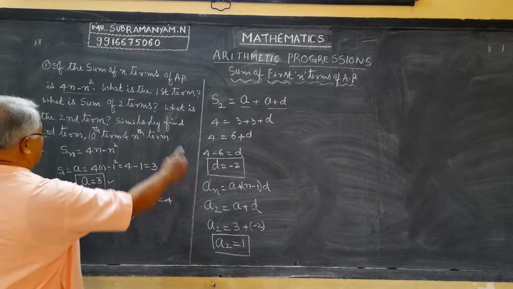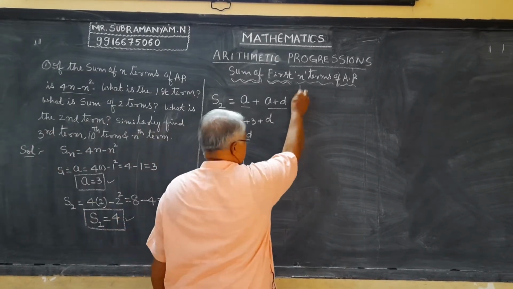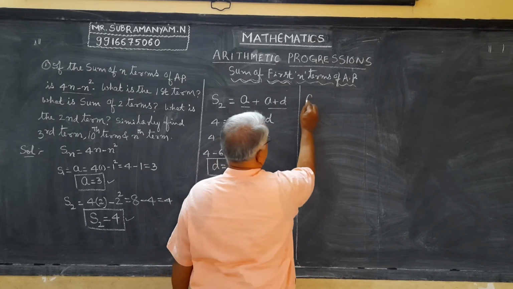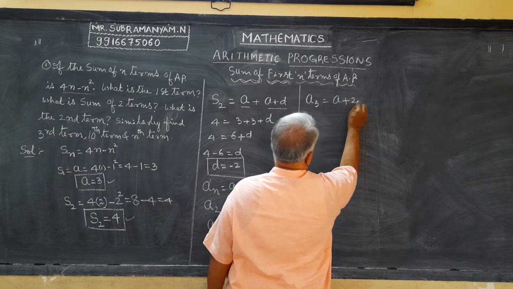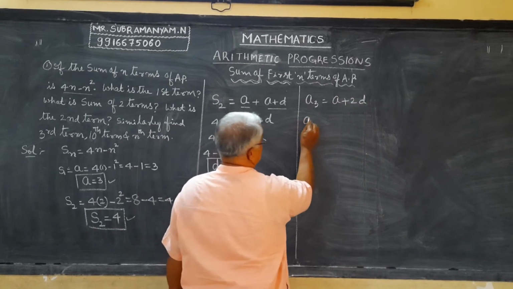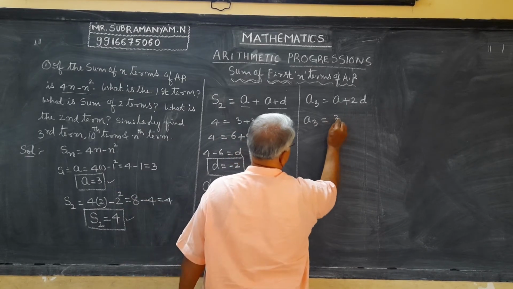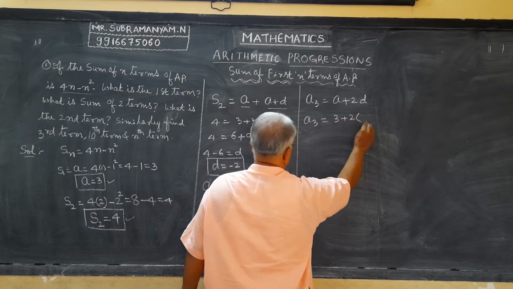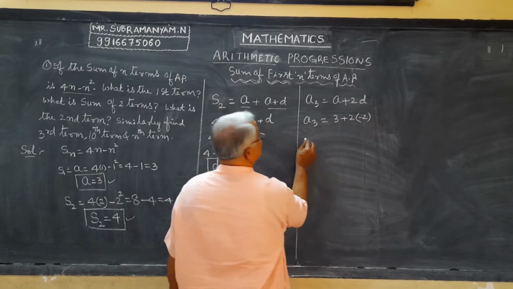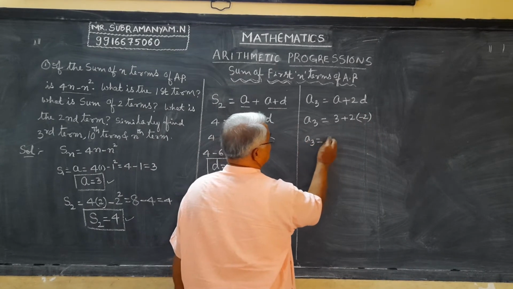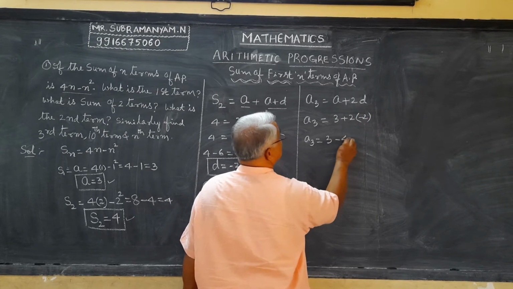Next, similarly, find the third term. Third term, a3 equal to a plus 2d. a3 equal to 3 plus 2 into d value, minus 2. a3 equal to 3 plus, multiplying by minus, minus 2 2s are 4.